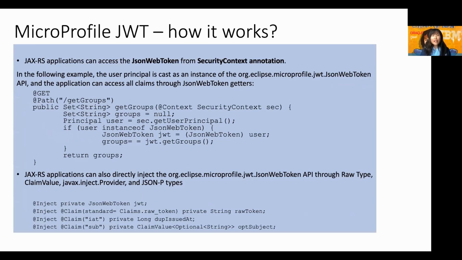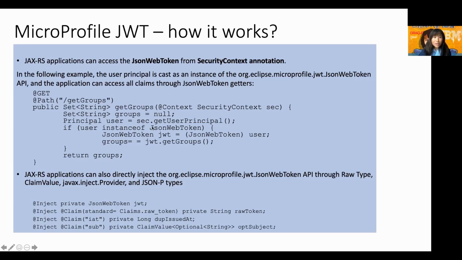However, in the backend, when your microservice gets hold of the MicroProfile JWT, in what format can it get hold of this MicroProfile JWT? For a JAX-RS application, it can access the JSON web token from the security context. I have an example here. You can directly do an @Context SecurityContext, and then you can call getUserPrincipal.